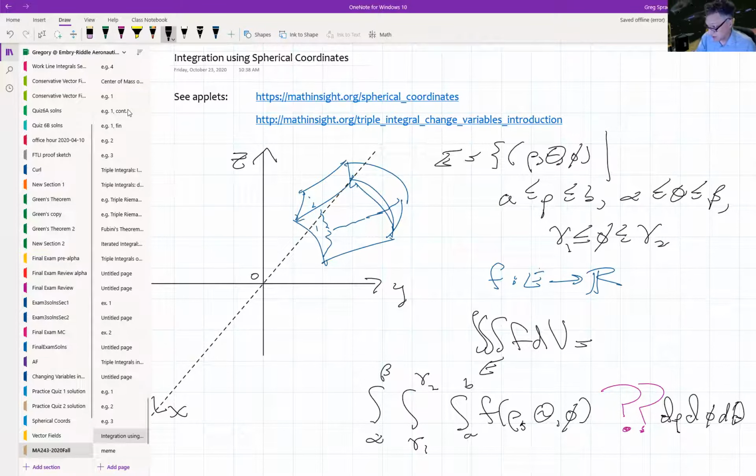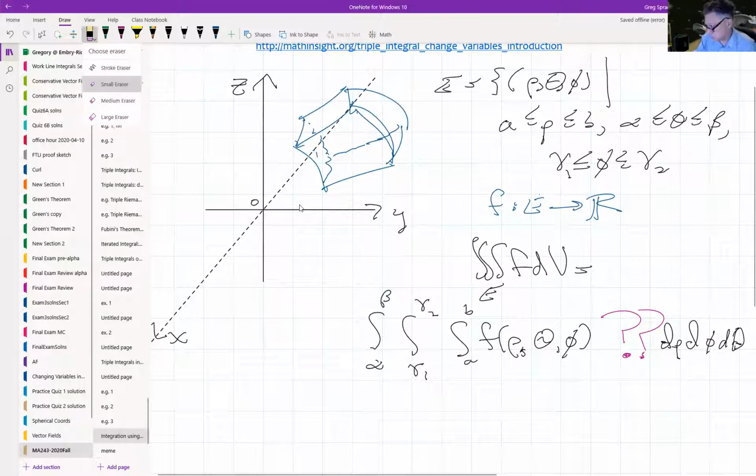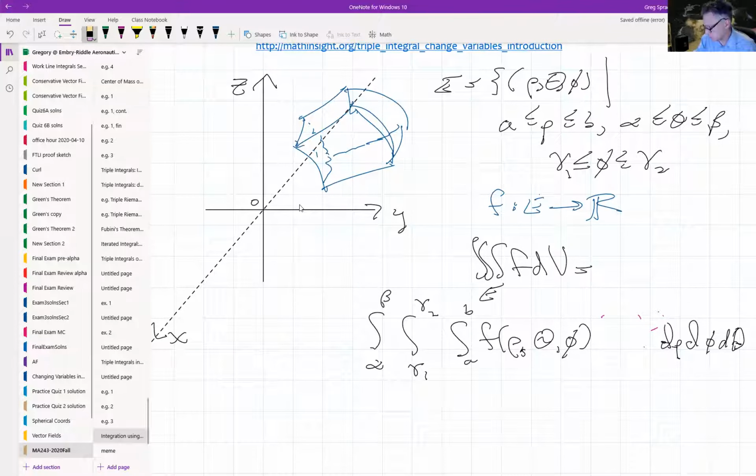It's one of the few things in this class that you have to remember, and that is not super easy to remember. Well, let me tell you what it is and then justify it. Okay, so that volume factor is rho squared sine phi. Now I'll justify it.